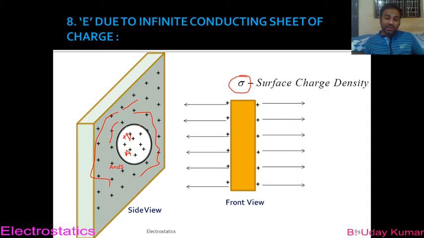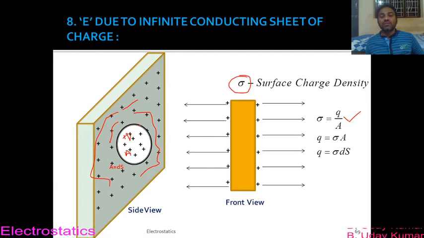So if I choose this area as capital A, and the charge present in this area is plus Q, then by the definition of surface charge density, we can write sigma as the charge present in this area, Q, divided by the total area of that element I have chosen, which is A. So from this equation I can write Q as sigma into A, and if I take that area element as ds instead of A, you can write it as sigma into ds.